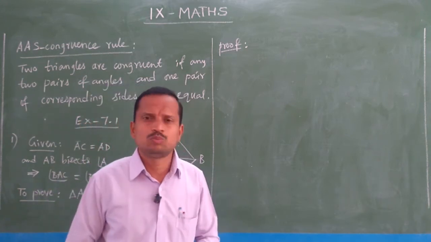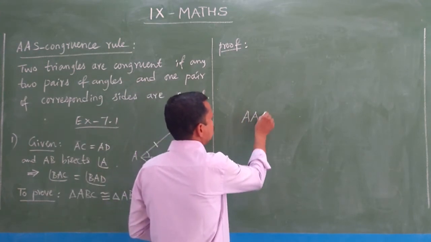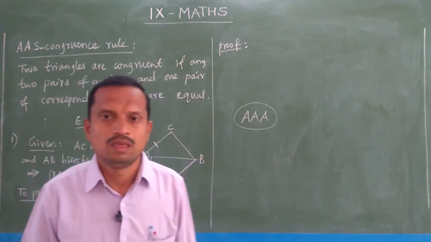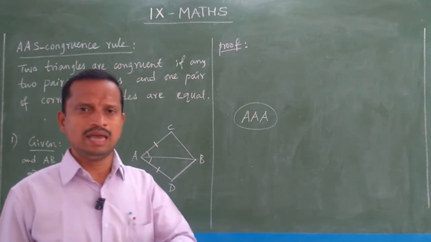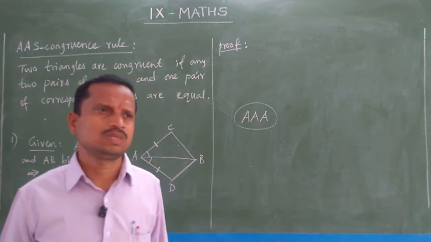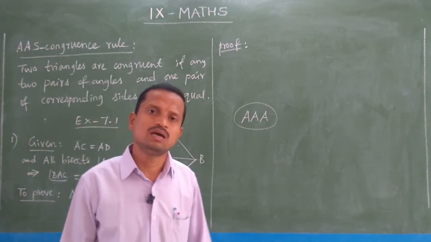So now I want to put a question. What about AAA? I said A means angle. If the three corresponding pairs of angles of two triangles are equal, can we say they are congruent?